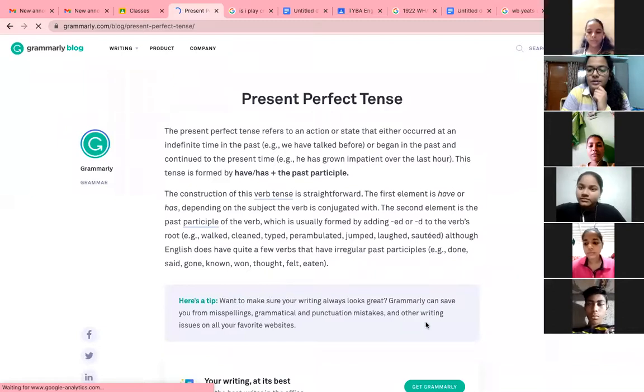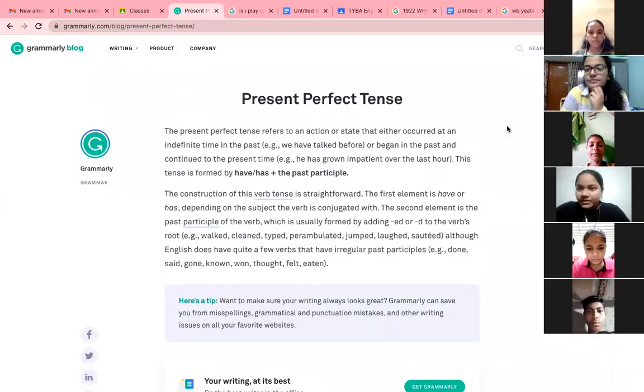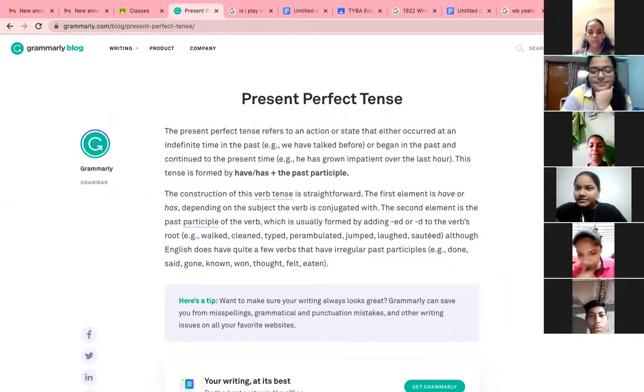All right. Can somebody please volunteer to read this out for the class? Please? May I? Yeah, please go ahead, Sejal. Hello. Go ahead. The present perfect tense refers to an action or state that either occurred at an indefinite time in the past.